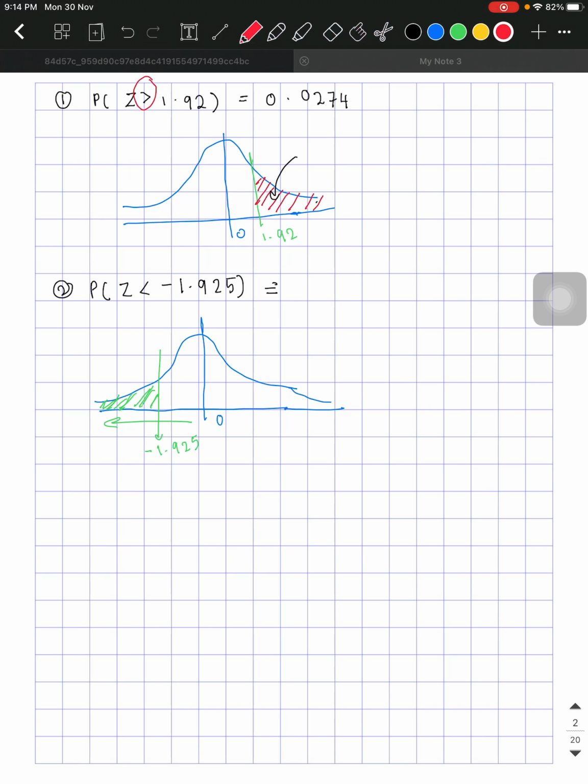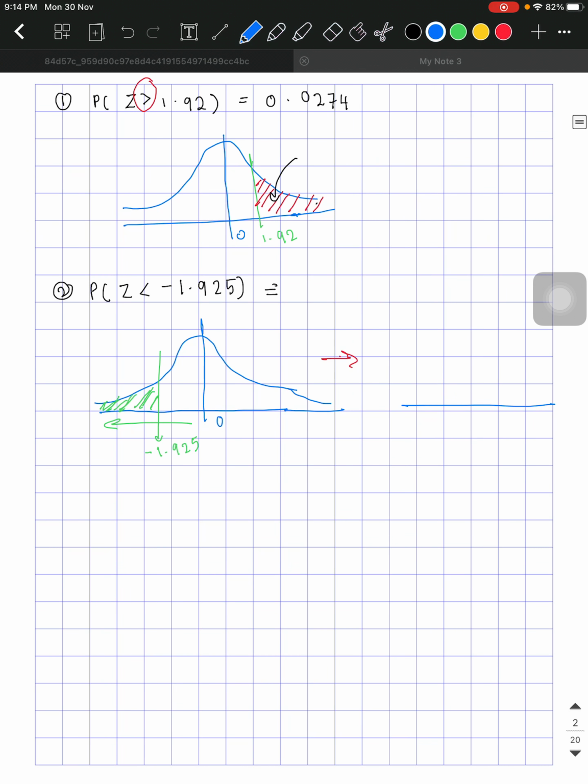If you use the symmetry concept, it is similar to this bell shape, but on the positive side, which is 1.925 here. This is what we call the symmetry concept.